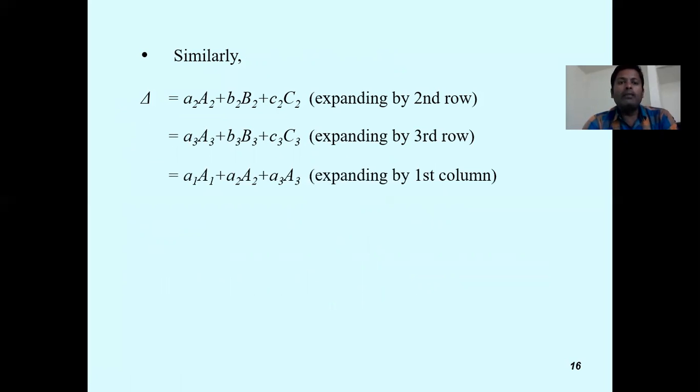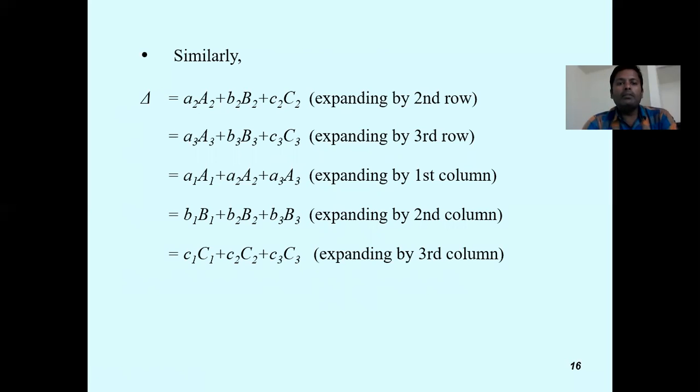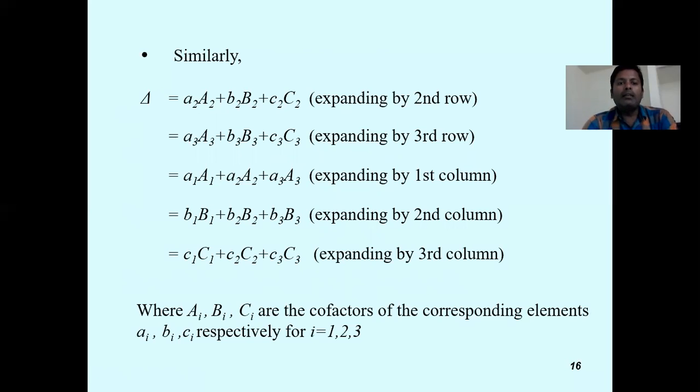Expanding by first column also, A1, A2, A3 with their cofactors, and expanding by second column also, B1, B2, B3, and expanding by third column also, C1, C2, C3, where Ai, Bi, Ci are the cofactors of the corresponding elements for i equal 1, 2, 3. So we can expand by any row or any column, and we get the same result.